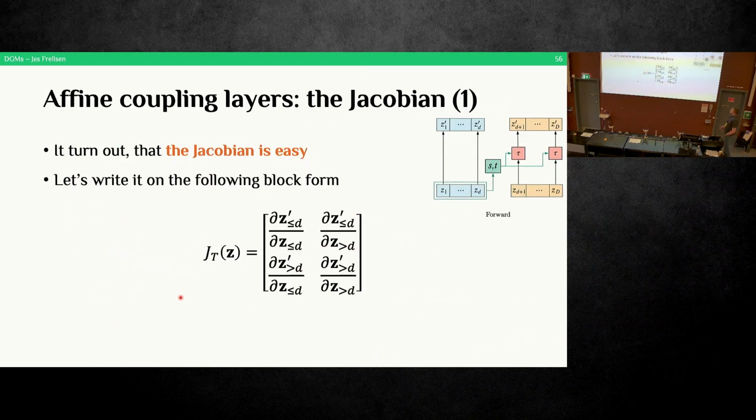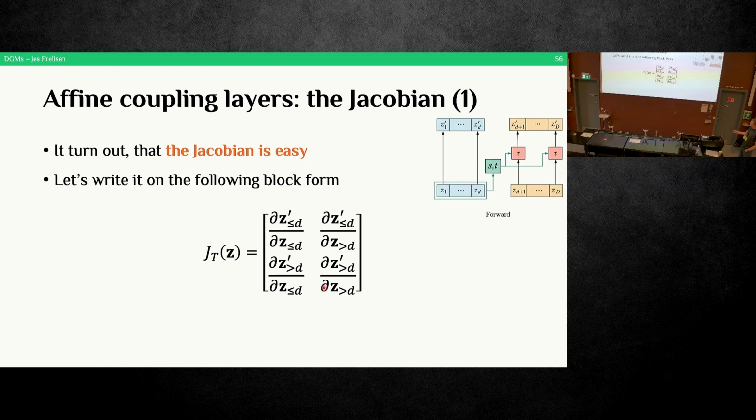It turns out that for the affine coupling layers, it's also very easy to calculate the Jacobian. Let's try to write the Jacobian in the following block form. These are all matrices in here. The first block is the partial derivatives of the first D outputs with respect to the first D inputs.